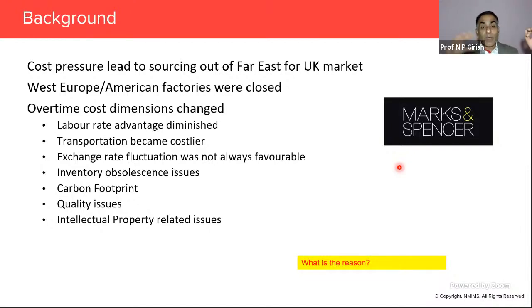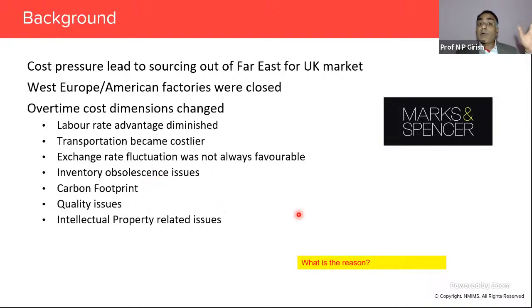So there were a lot of hidden charges and hidden costs, which made the benefit less and less significant. Another issue was inventory: longer lead time, more inventory. Another aspect that played a role for Marks and Spencer in network optimization was the carbon footprint.